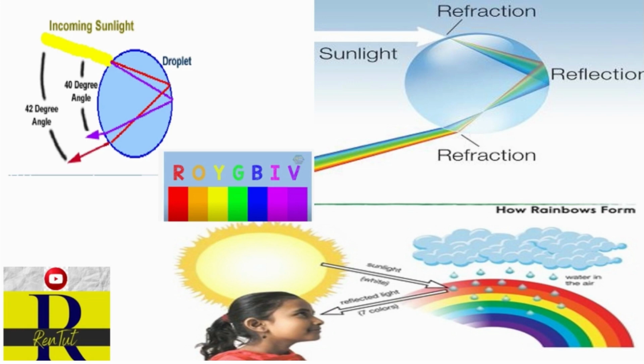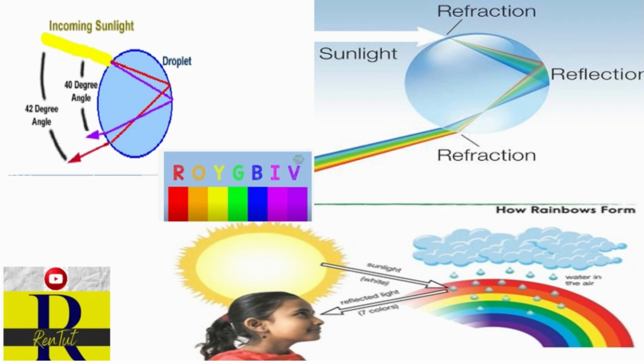You can see on the left hand side there is one more diagram drawn for simplicity's sake. The yellow beam is the collection of these 7 colors hitting the water droplets. You can see the water droplet is circled in blue. In that there is a small beam of light, shown in red, that is coming and hitting the inner wall of the water droplet, getting to another side, hitting the inner wall and getting refracted and going out.